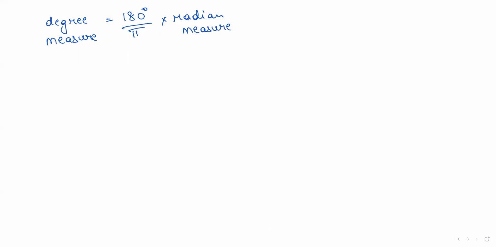Similarly, radian measure will be equal to pi upon 180 degree into degree measure. These formulas are very important from a calculation perspective.